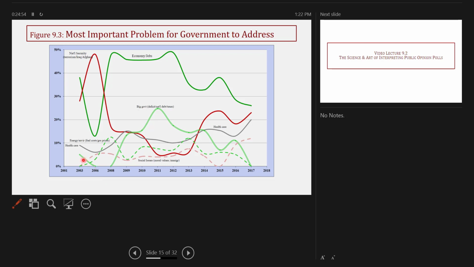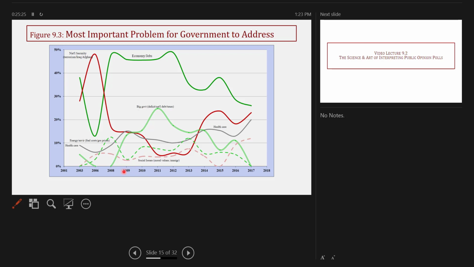Now, one I put on here just to show you how things can change, and the importance of big government. The deficit's too big, government's too powerful, taxes are too high. Now, that's separate from views about the economy. And notice that until 2010 and 2012, that issue really didn't show up. Well, what happened in 2010?